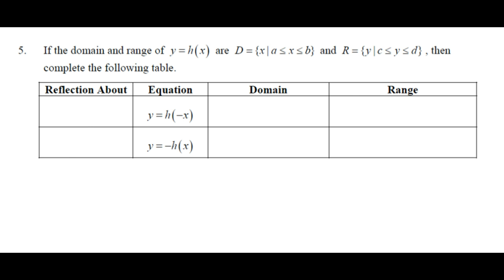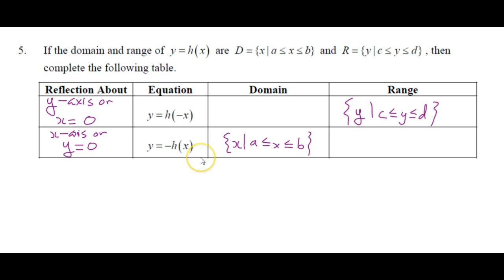Okay, I'm actually just going to pause this because it's kind of boring. Okay, I'm reflecting about the y-axis. So I am replacing x with negative x. So what's the new domain? Negative b less than or equal to x less than or equal to negative a.